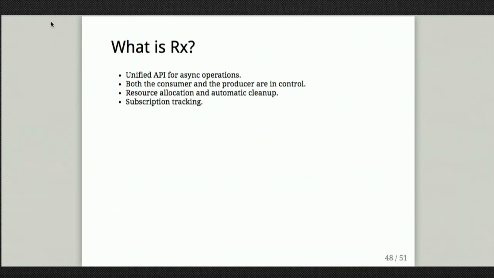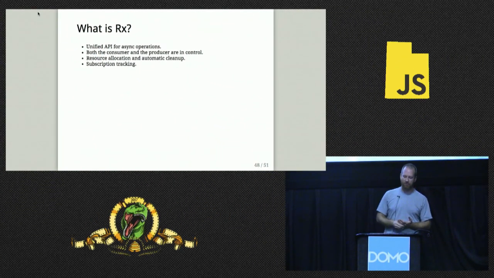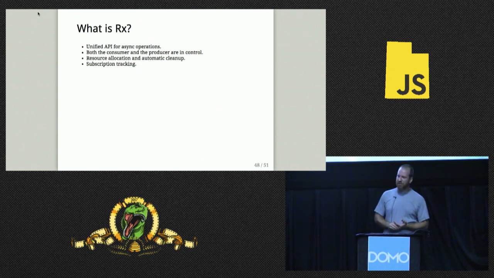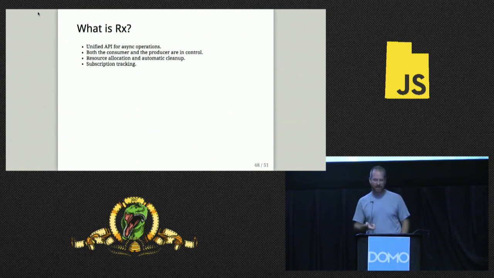It performs subscription tracking. This is a really powerful thing as well, right? If you've got something that's being multicast out to a lot of different observers, you can watch when they start to drop off, and you can decide when to clean up XHR resources. We've got this really complex thing at my work that tracks XHR calls and e-tags.